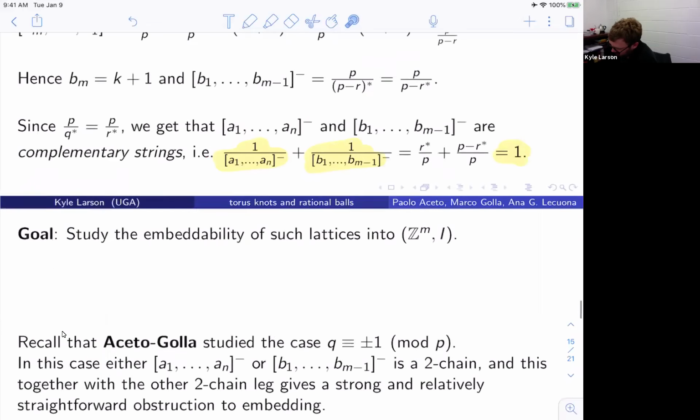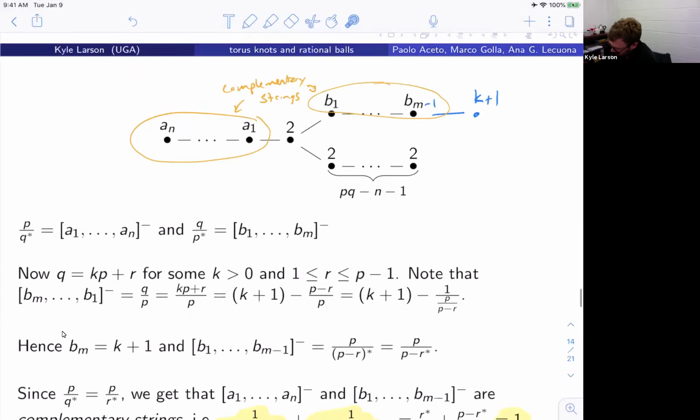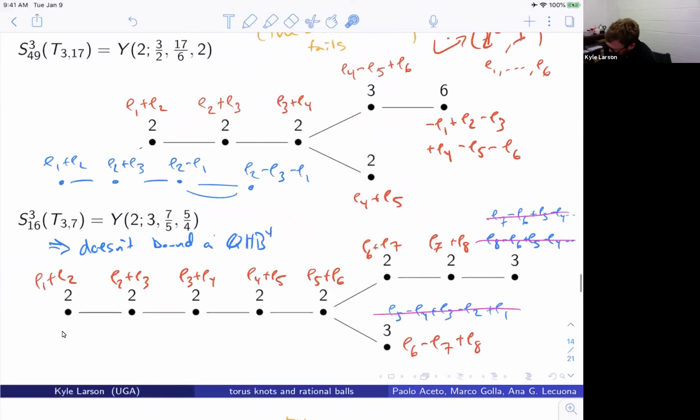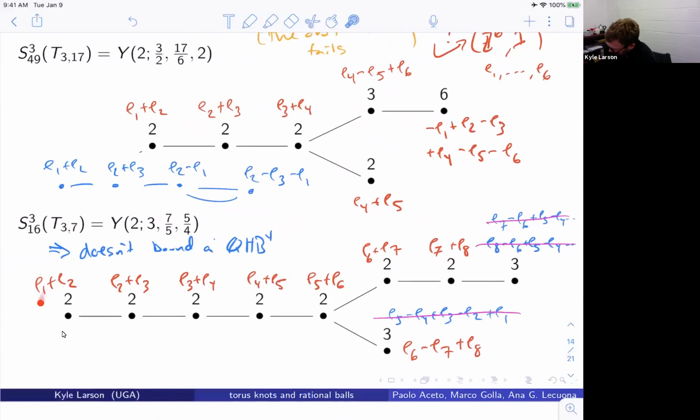If I look at this picture here, one of these strings is just going to be a two-chain, and that together with this two-chain gives us a very big two-chain in the plumbing. In fact, these examples fall into that scenario. Look at this example here. Here q is 7, which is congruent to plus 1 mod 3, and we get this very long two-chain.